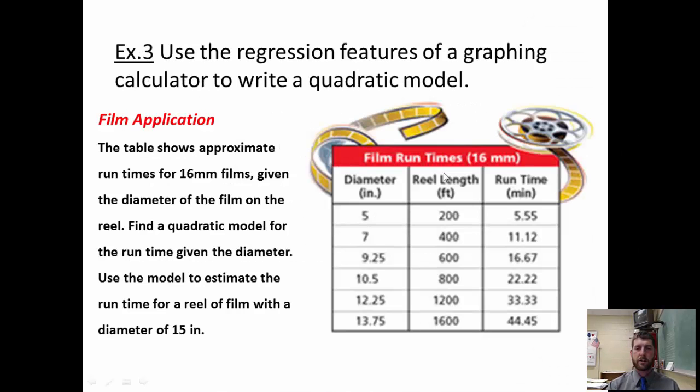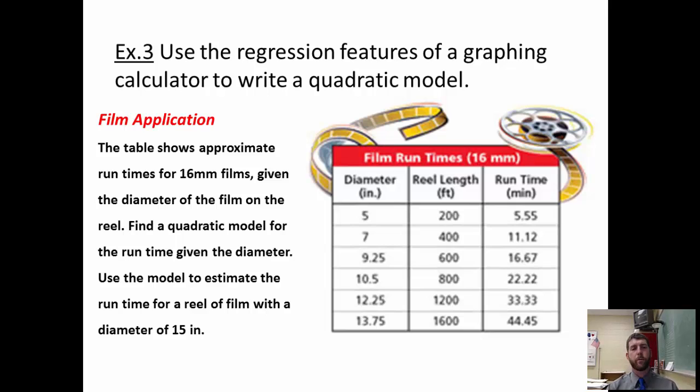So let's go back to our problem. Oh, see, it's a little more clear now. And where it says find a quadratic model for the runtime given the diameter, well, which one is going to be the domain, which one's going to be our x's, and which one's going to be our y's? Very important, because I've got to know what do I put into L1, what do I put into L2. So we're going to put our x's into L1.